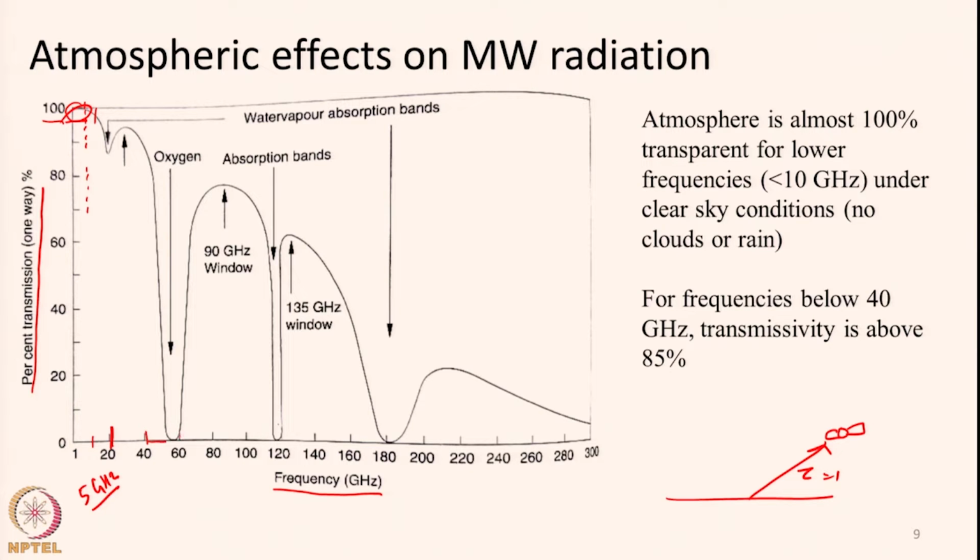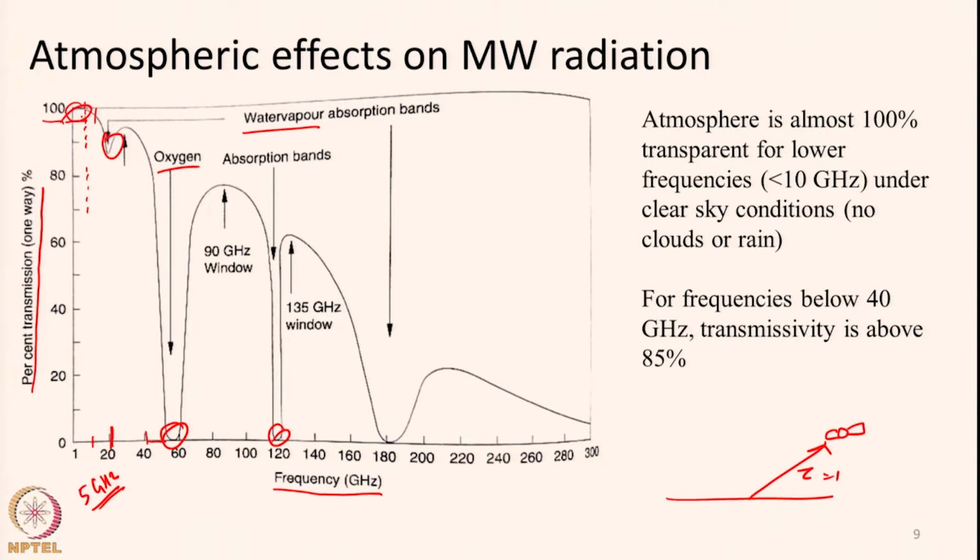There are still, in the microwave region also, specific atmospheric absorption bands, due to oxygen, water vapor and so on. But especially at the lower frequencies, less than 10 gigahertz or even less than 5 gigahertz, the atmosphere is fairly transparent.